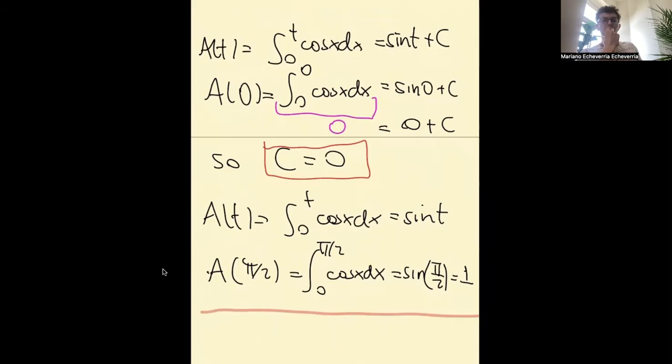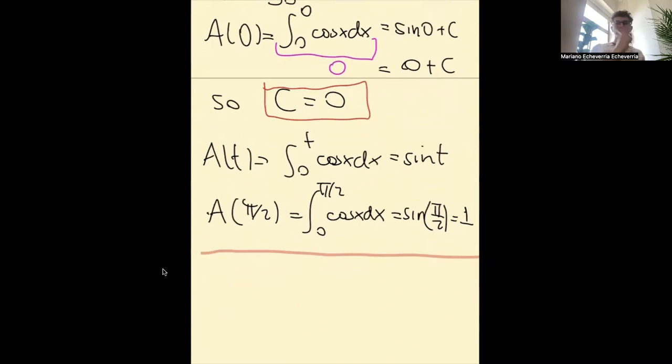Well, in the two examples that I did, the constant was always 0. You could ask, is that what you would expect in general? So the question is, will this always be happening? And the answer is no.